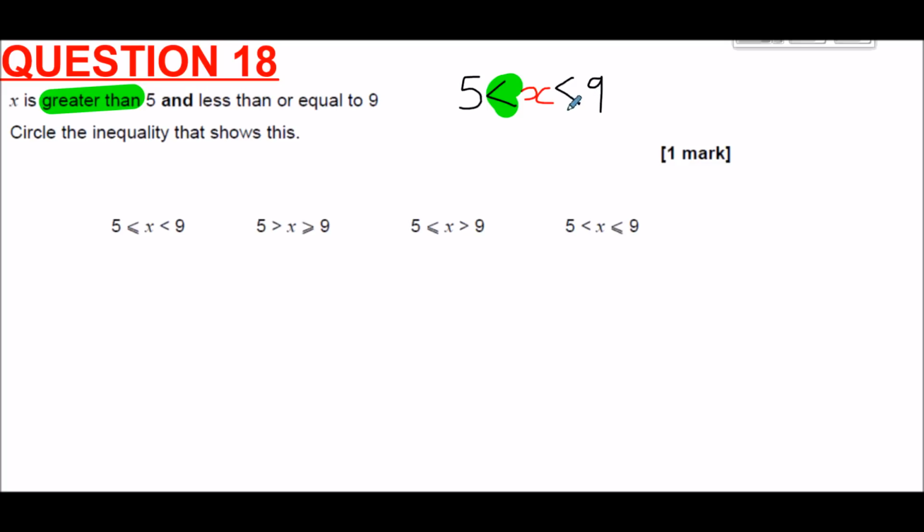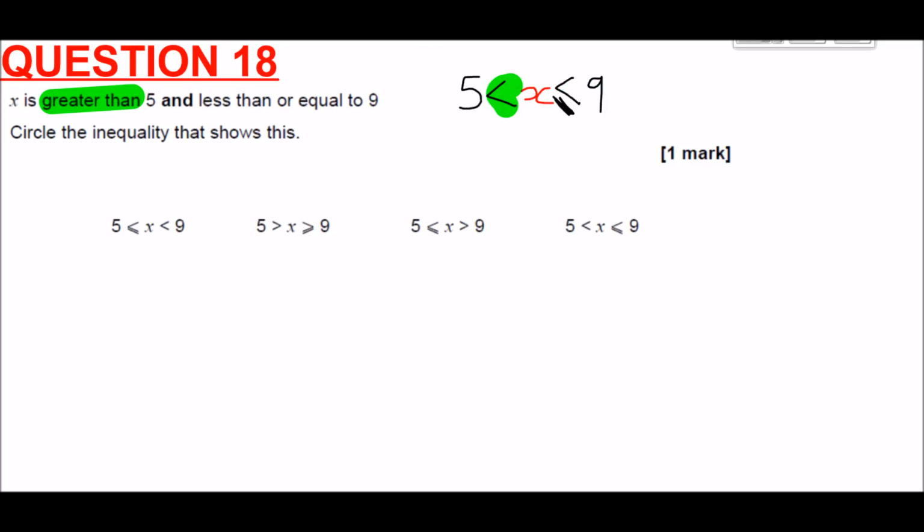Because 9 might be bigger than the x, but it also says less than or equal to 9. Now, if an inequality symbol is less than or more than, and it says equal as well, we have an extra bottom line to it, like this. So that means x is less than 9, or it could be equal to 9.